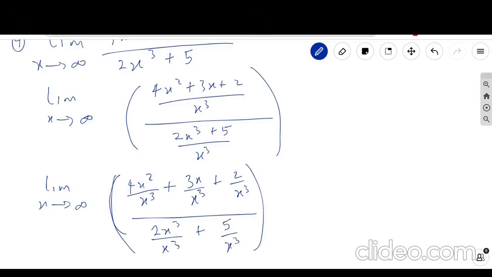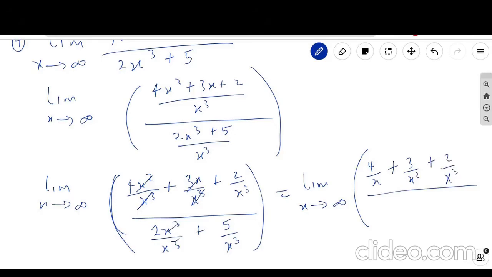This can be written as lim x tends to infinity of 4 over x plus 3 over x squared plus 2 over x cubed, over 2 plus 5 over x cubed.